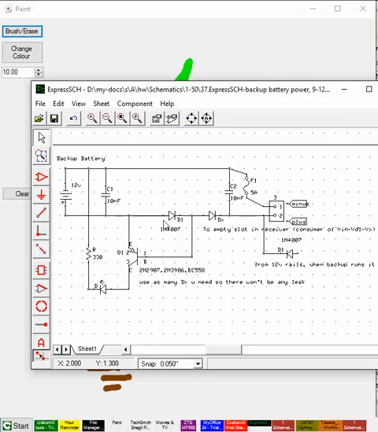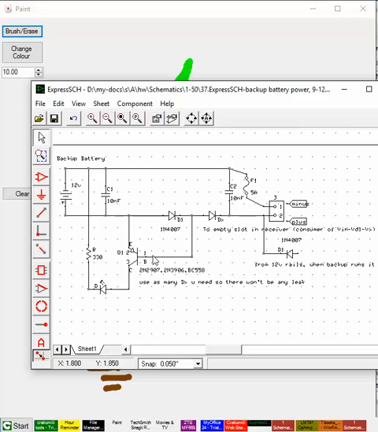So this is one diode, and this is the backup battery over here. This side is the home side, and once the home power fails, these 12 volts pass through this diode and this diode. I'll tell you later why I put two of these.